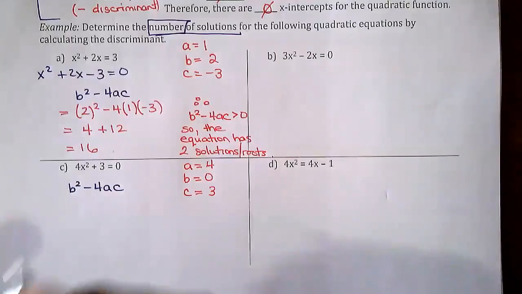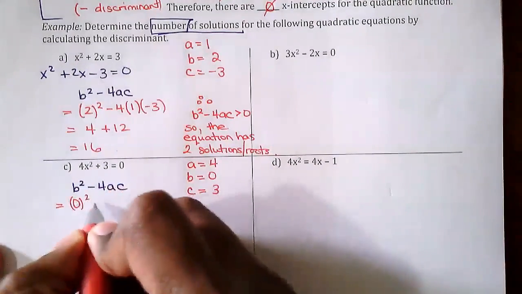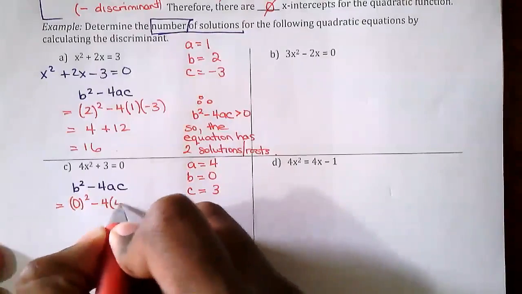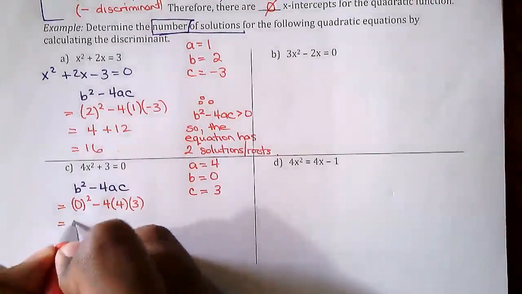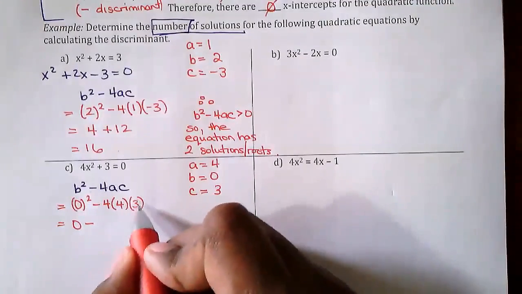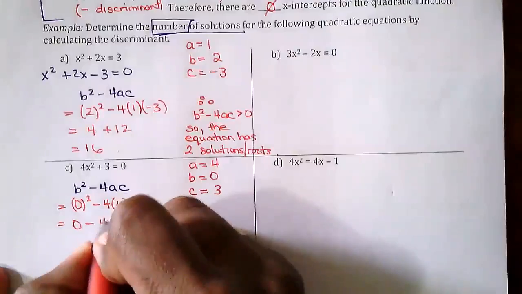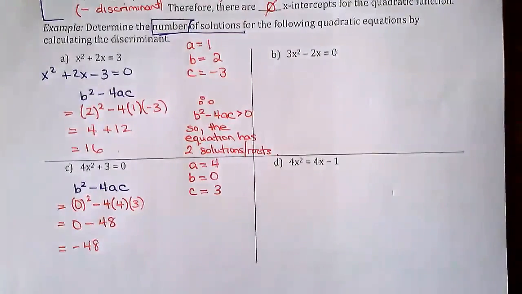Now I can substitute these values in. So the b is 0 squared minus 4, a is 4, and c is 3. So I have 0 minus 4 times 4 is 16. 16 times 3, 48. So 0 minus 48 is minus 48.